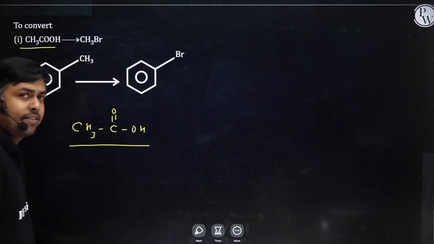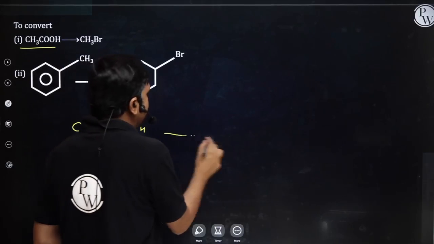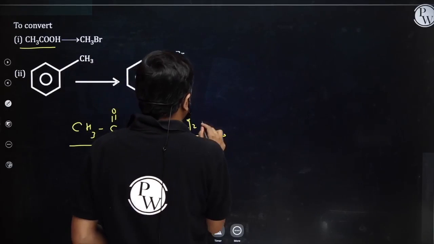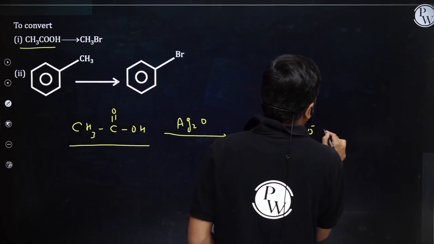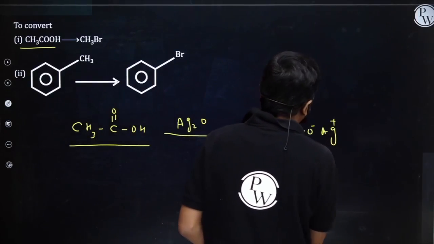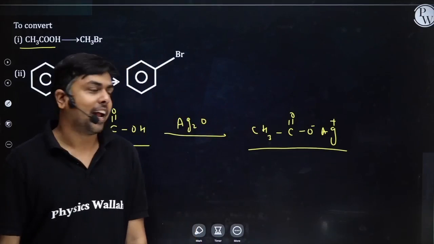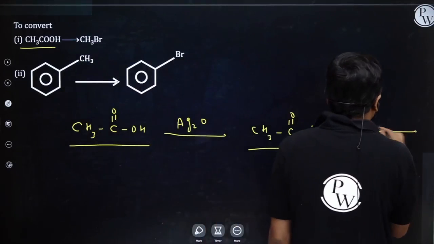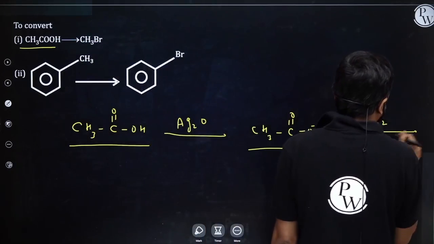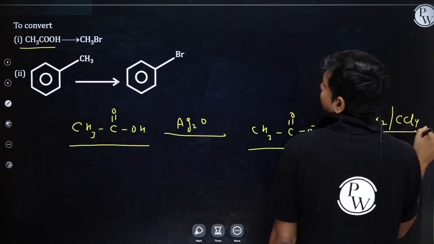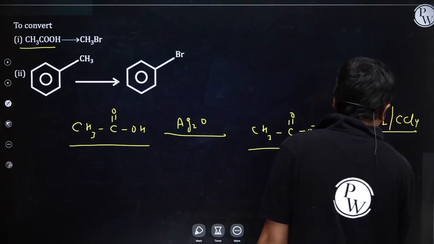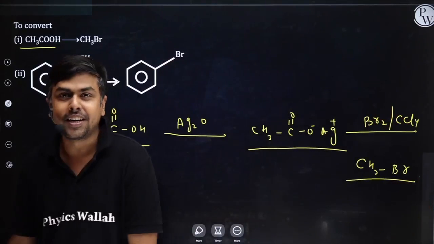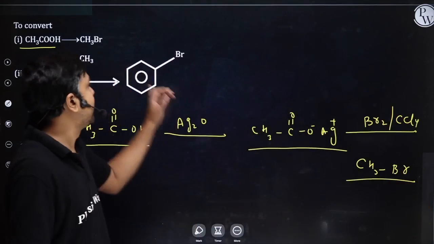One of the methods is through Hunsdiecker. Treat it with Ag2O, form CH3C double bond O minus Ag plus, silver salt of acid, right? And then treat it with Br2 in the presence of CCl4. You are going to get CH3Br.